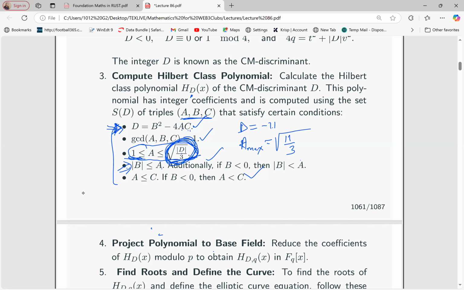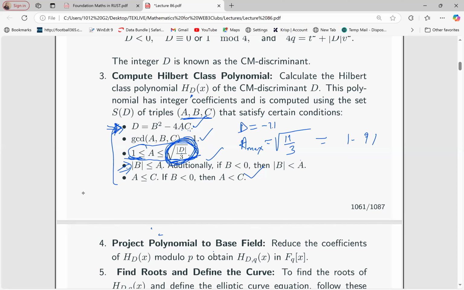At this point, you can use your calculator. Okay, so I have the square root of 11 divided by 3. I'm getting 1.91. That is enough.